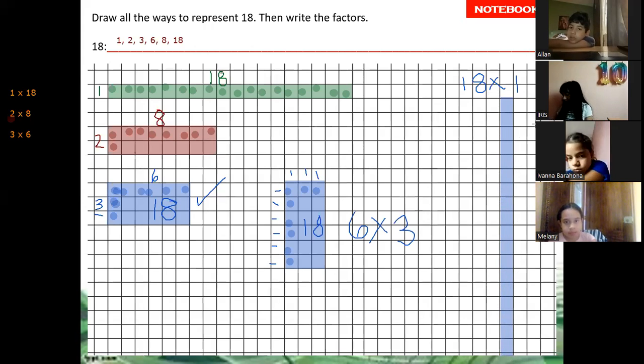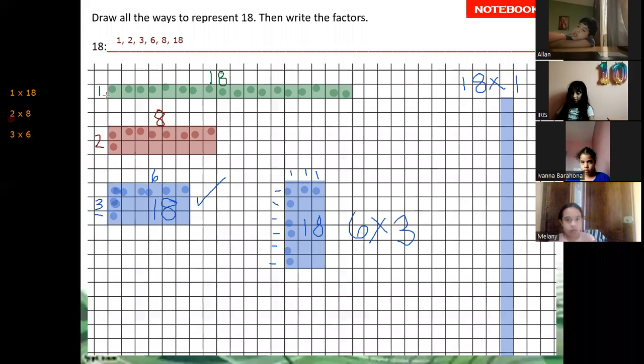This is 18 times 1, and this one is 1 times 18.